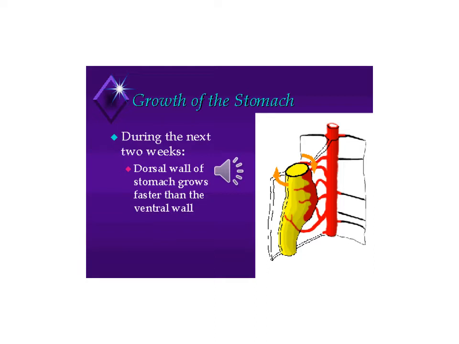This shifting of the position of the vagi is an indication that the stomach indeed has rotated. And the original posterior border will now be called greater curvature. The original anterior border, that is from the extended thumb to the index finger, will become what's called the lesser curvature.